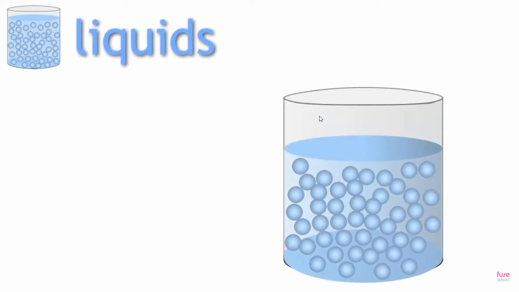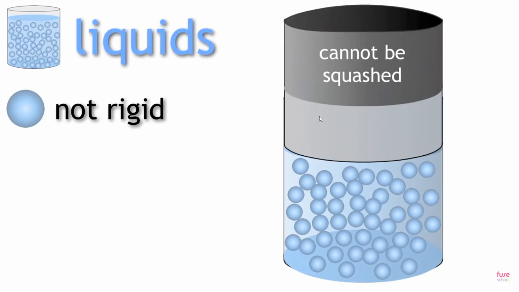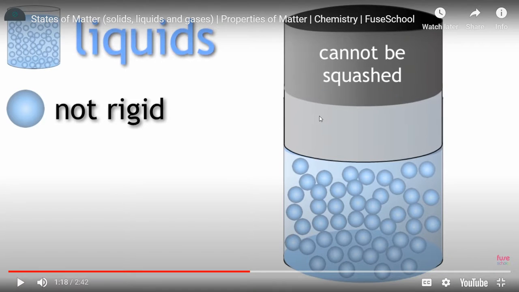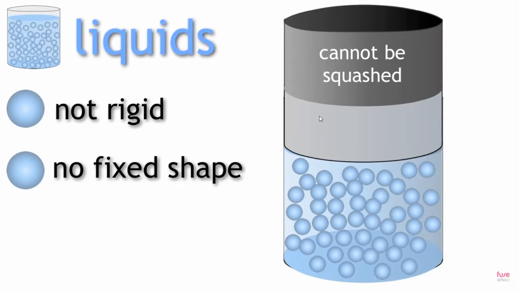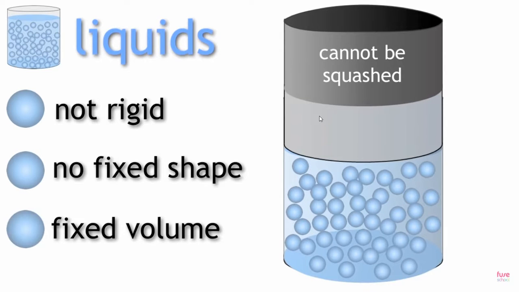So, liquids are not rigid, but because their particles are closely packed as in solids, they cannot be squashed or compressed. Again, there's not enough space in between those particles in order to compress that liquid. They do not have a fixed shape, but they do have a fixed volume.